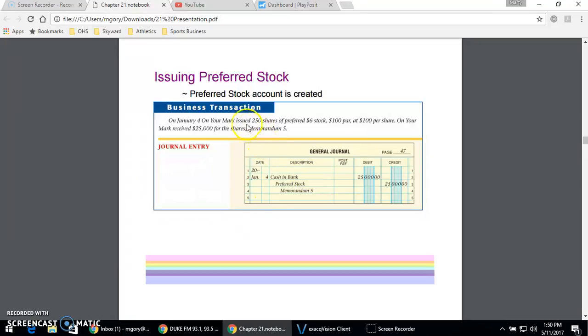So how do we get this? 250 shares, $100 par value, 250 times 100 equals 25,000. So 25,000 is going to be the amount of debit to cash. That's the amount that we received. And now we have to credit the proper stock account to what we sold. In this case, we sold preferred stock, $25,000.